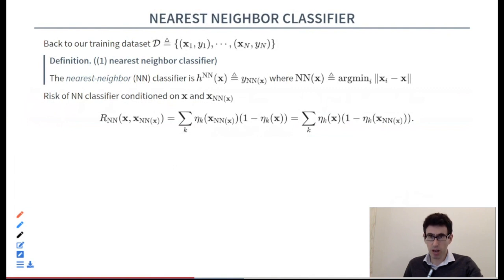So when I write R with two arguments, it's actually something that only depends on the randomness introduced by the label. And it turns out that we can write that quantity rather explicitly in terms of the quantities eta k, the probability of y given x. And specifically, what I want to show with you is that it takes the form the sum over k, eta k evaluated at the nearest neighbor of x times 1 minus eta k of x.